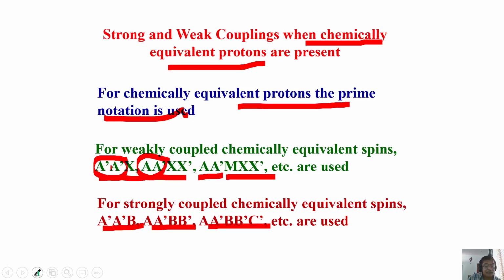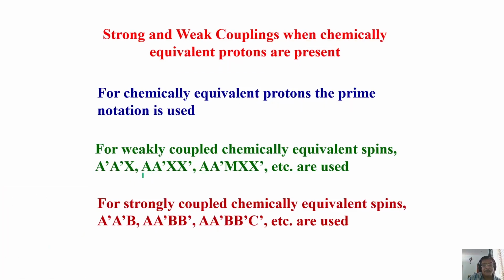But there is a coupling between them. Coupling is not zero, only chemically equivalent. In such cases, when the chemically equivalent spins have the same chemical shift, use the prime notation.